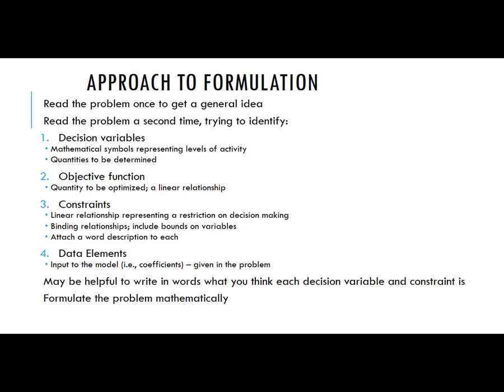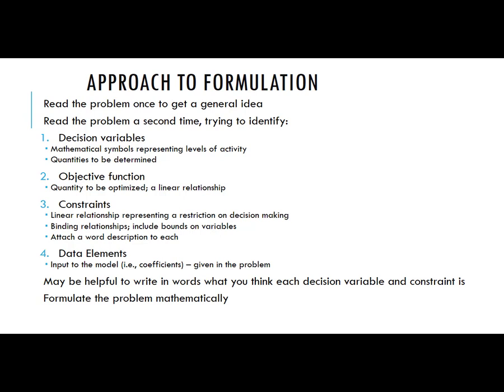And then we also want to look for constraints. So these are the restrictions, usually on stuff like a resource. So it might be raw material, it might be time, it might be money, things like that. So it's a restriction on a lot of times our resources. So we can also have, in addition to those kinds of structural constraints, we may also have binding relationships.